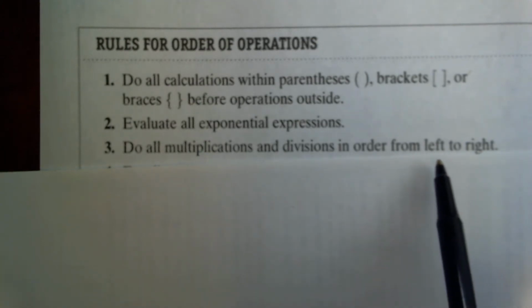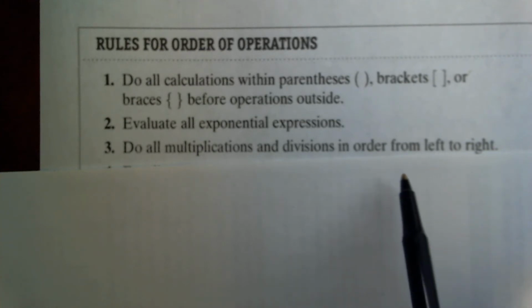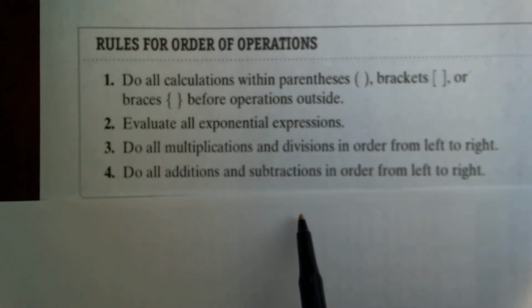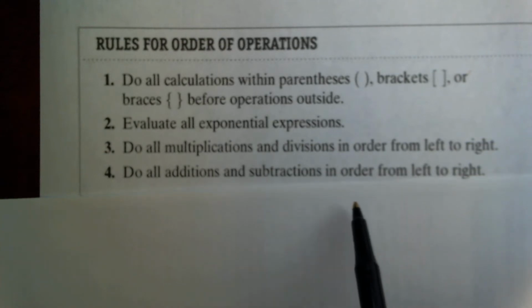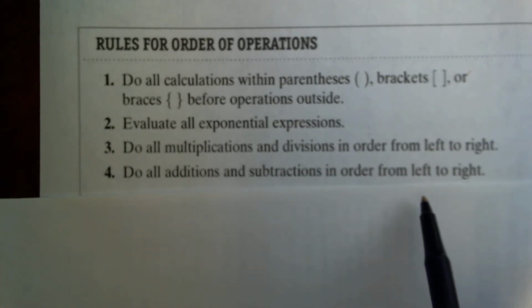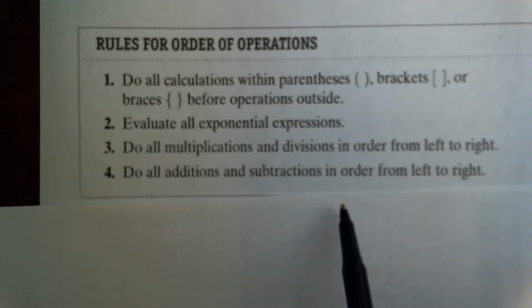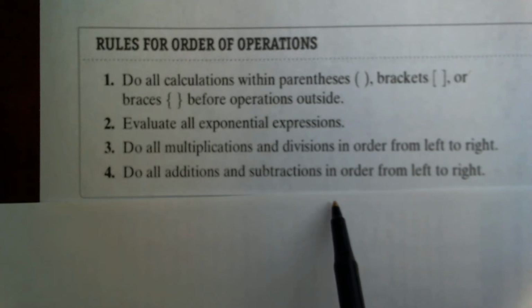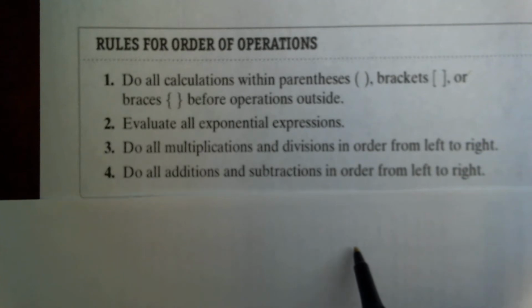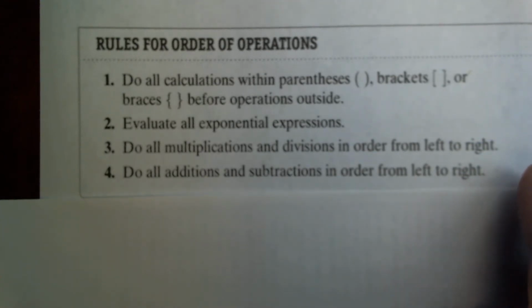That's an important step also, from left to right, as you will see. And then do all additions and subtractions in order from left to right. These rules are really critical, and you need to memorize them. Otherwise, you don't get it right. So that would be important. So these are the rules for order of operations.